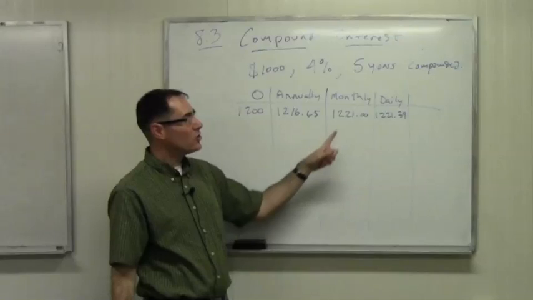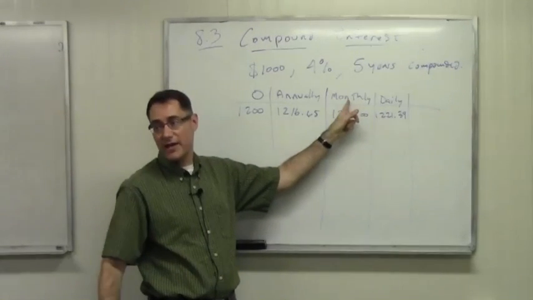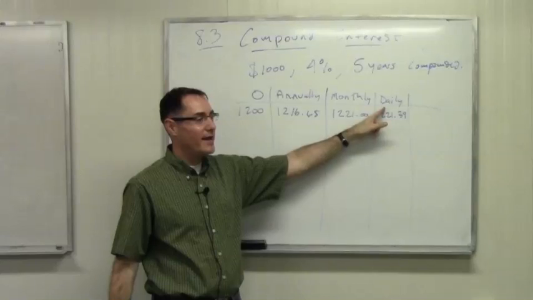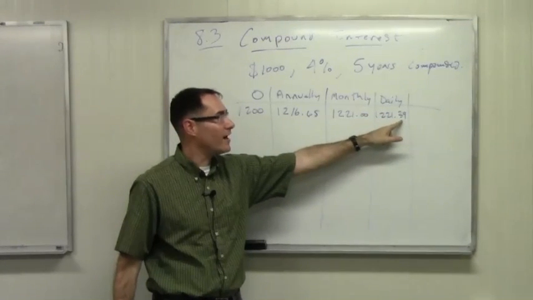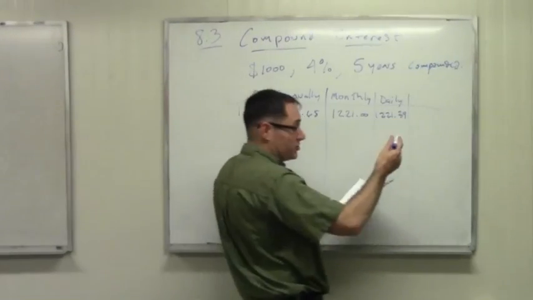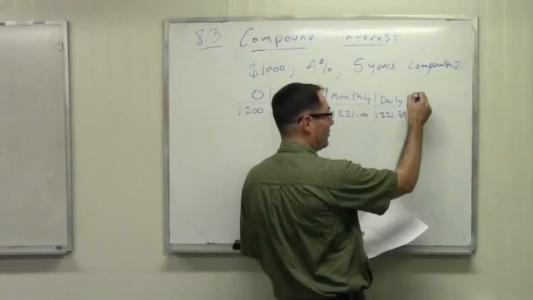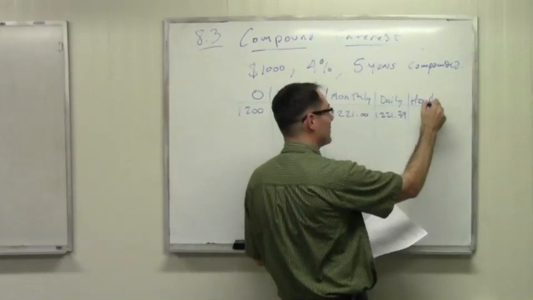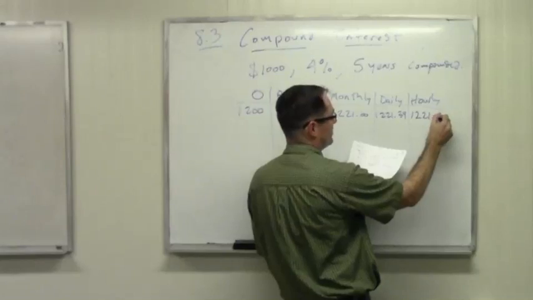Now look, you went from monthly every 30 days or so to every day. How much more did you get after 5 years? 39 extra cents, right? Could you do it more often than daily? Well, sure, you could do it hourly. If you did it hourly, you'd get $1,221.40.